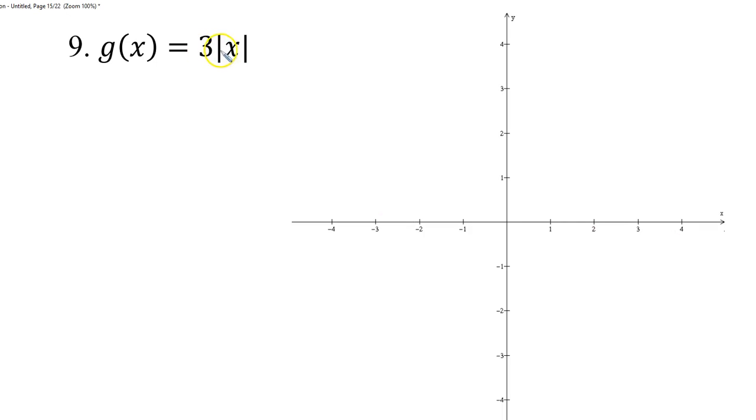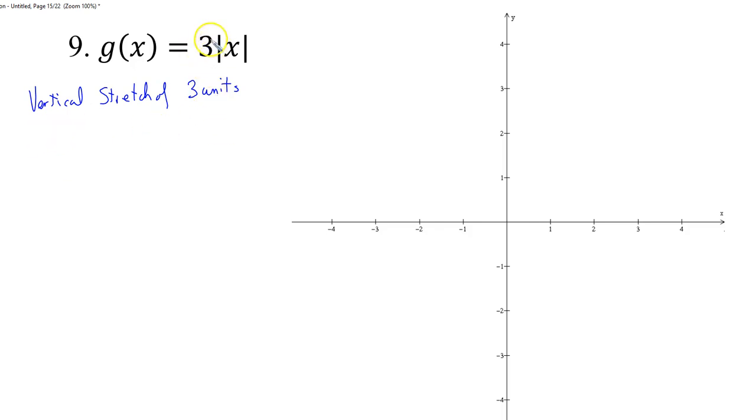So for the absolute value of x times 3, this is going to be a vertical, you guessed it, stretch of 3 units. Some of these you actually just get to select. It's kind of a sliding scale on MyLabs Plus, so watch out for that.